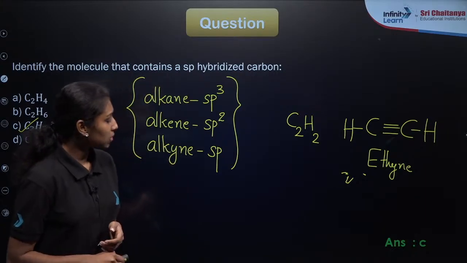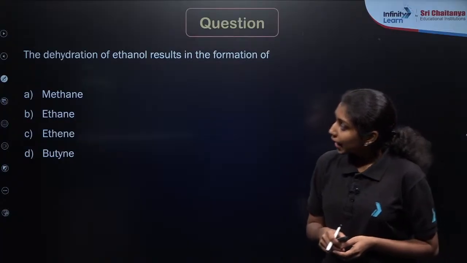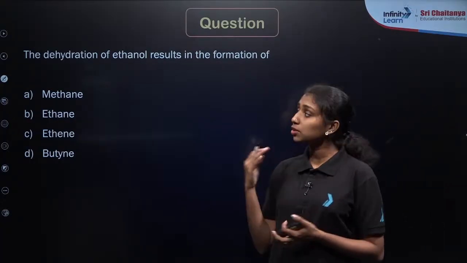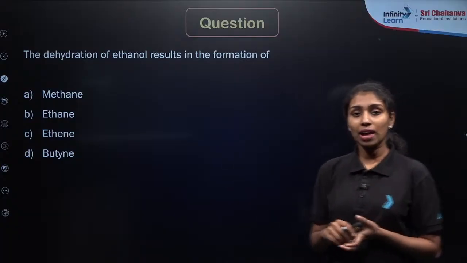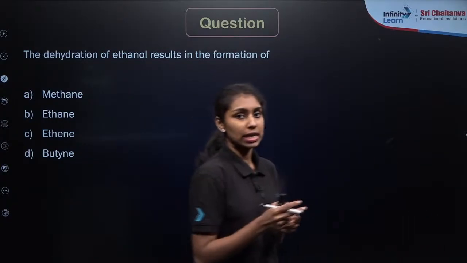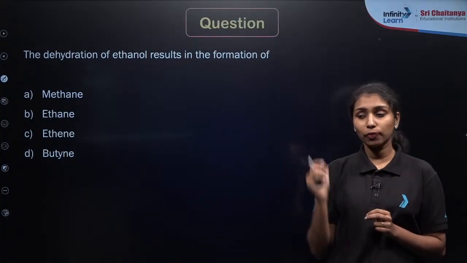Now we are moving to our next question. The dehydration of ethanol results in the formation of what? What is the product of dehydration of ethanol? Again, we have seen in the concept classes the chemical properties of ethanol. We have seen two types of reaction in the case of ethanol. One of them is the dehydration of ethanol.